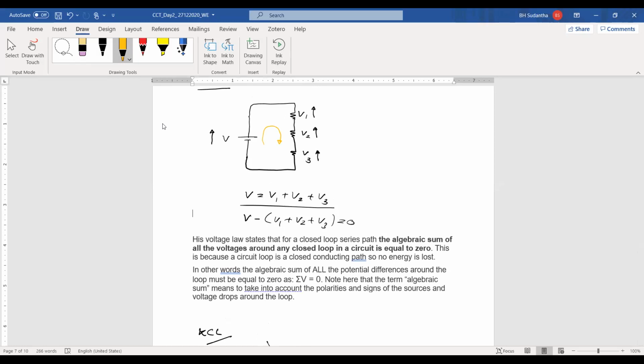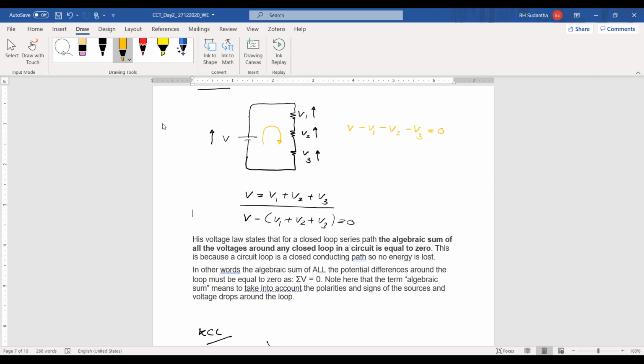Actually, this equation should be written as V minus V1, minus V2, minus V3 equals 0, because V1 is in the opposite direction. In other words, the algebraic sum of all the potential differences around the loop must be equal to 0.